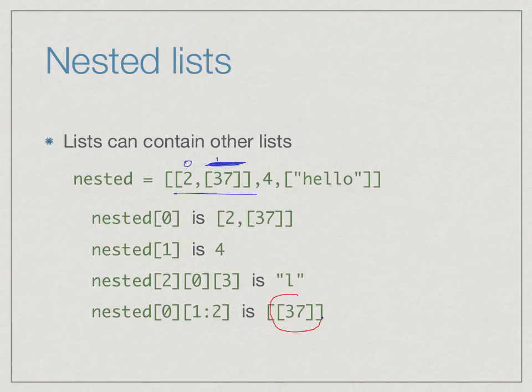This is the value that lies between position 1 and up to position 2, and the outer list is because when we take a slice of a list, we get a list. So this is a sublist of this list 2, list 37, which gives us just the list 37. We have dropped the value 2, but we get a sublist. So this is what we mentioned before. For lists, a slice gives us back a list.